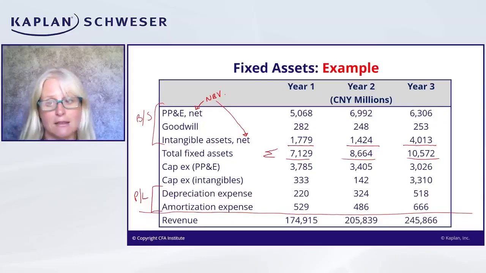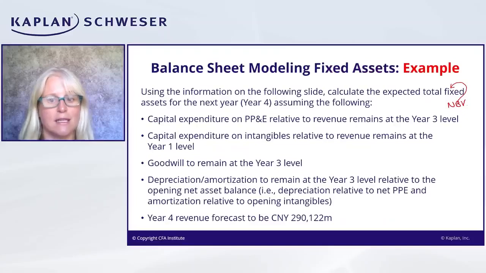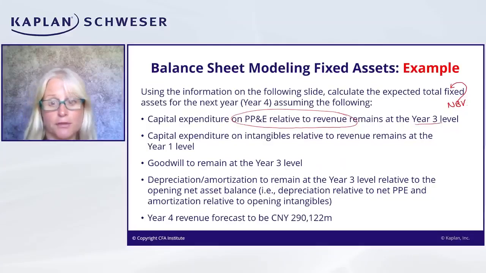If we go back to what we're told, we want to predict forward what the figure in the balance sheet will be that I've put in that subtotal line. We're told what the capital expenditure will be, and that is linked to revenue. We're going to assume that we spend the same proportion of revenue on CapEx for PPE as per the year 3 level, whereas expenditure on intangibles will be at the year 1 level. That's just attention to detail.